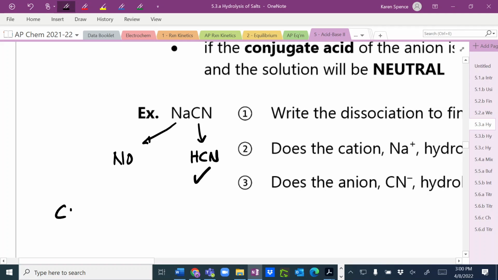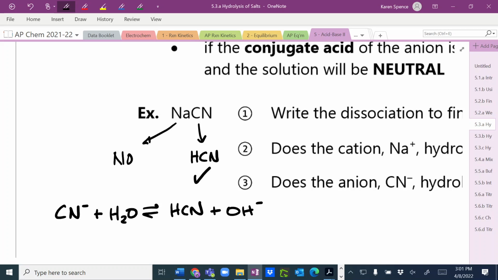And if CN- hydrolyzes, reacts with water, what does it produce? It produces OH-. We end up with HCN plus OH-. And so what kind of a solution have we got? Basic. You can automatically say it has to accept the proton.